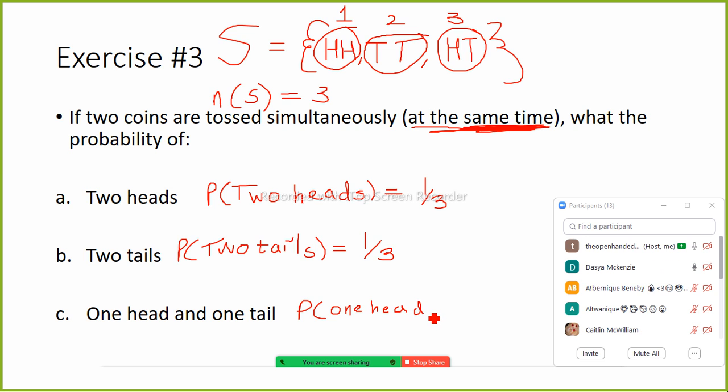Because I don't really get how you say that you shouldn't put tails and heads. I mean, I understand it says simultaneously, but even if you throw it up, I don't get it, but okay.